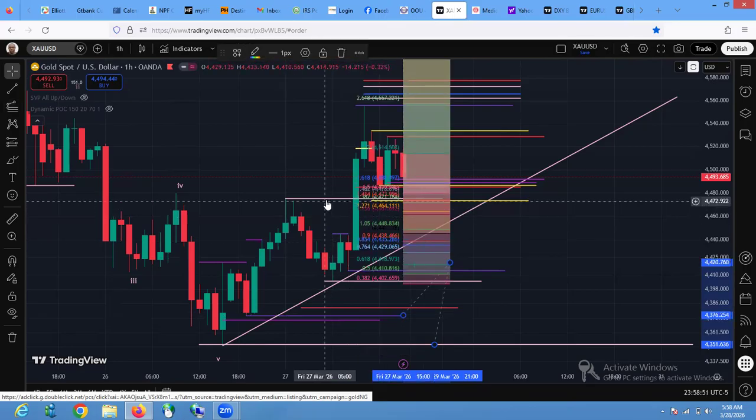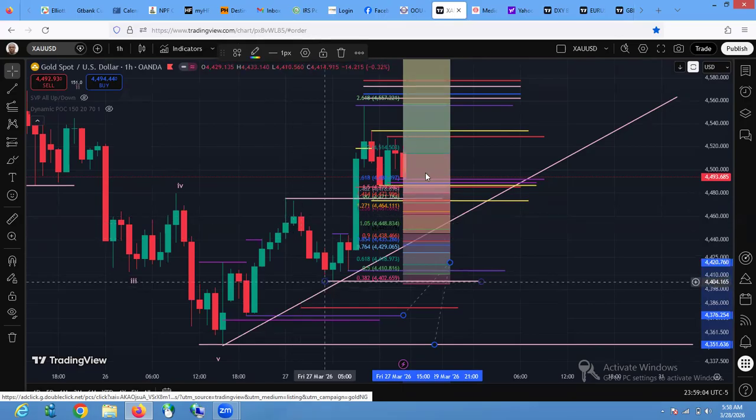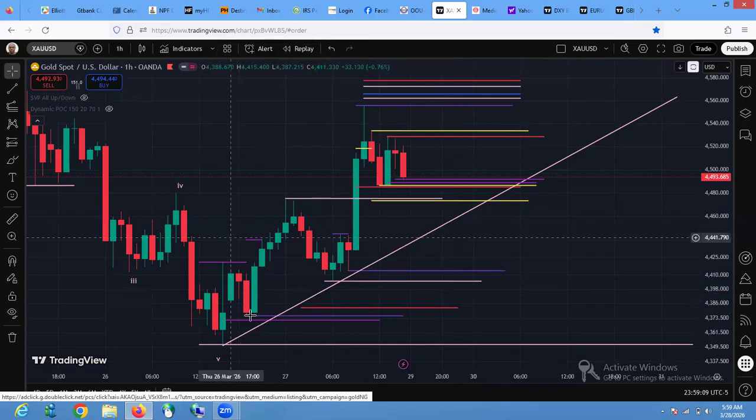This is just barely 1, 2, or 1.38. So once this one is up here, it didn't get to it. So I can't regard this as a 1, 2, 3, 4. It's a correction. It looks like an ABC correction to me.